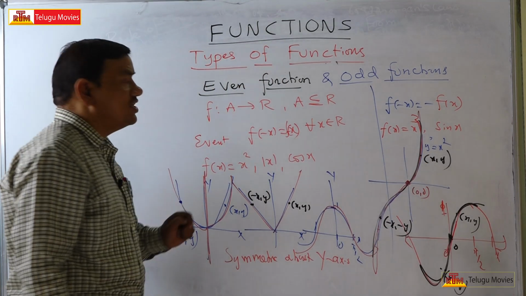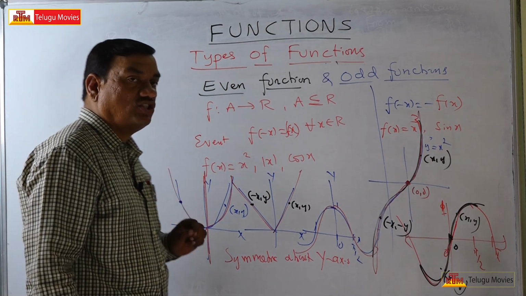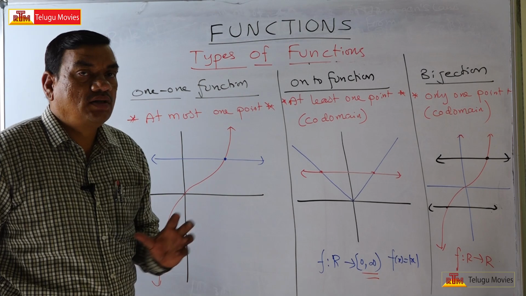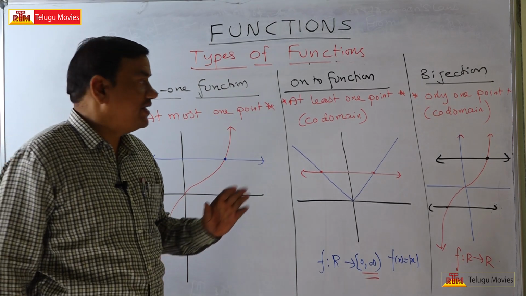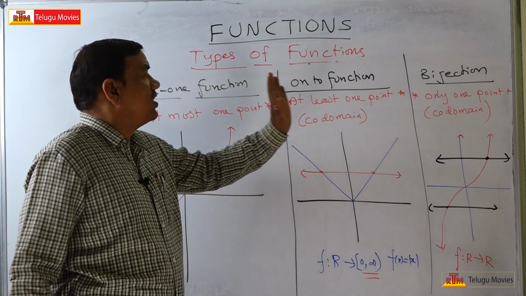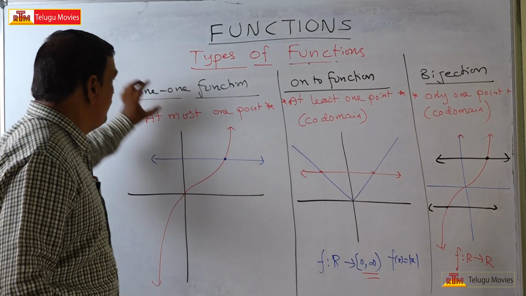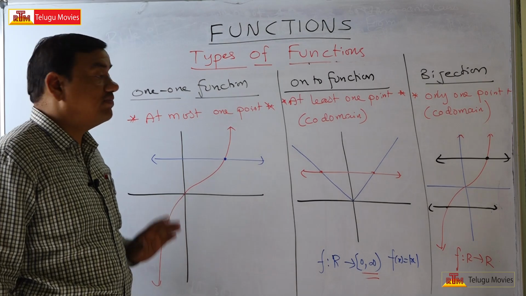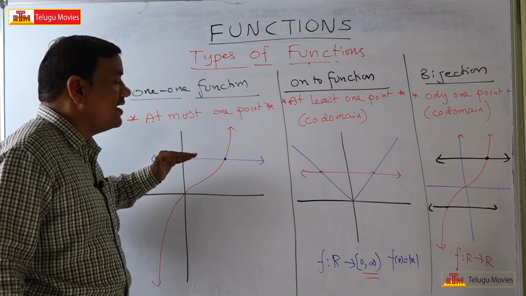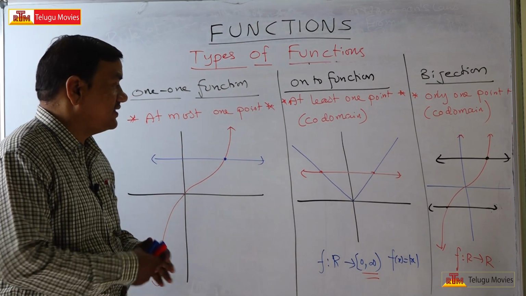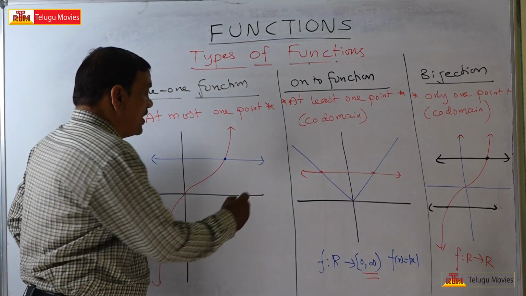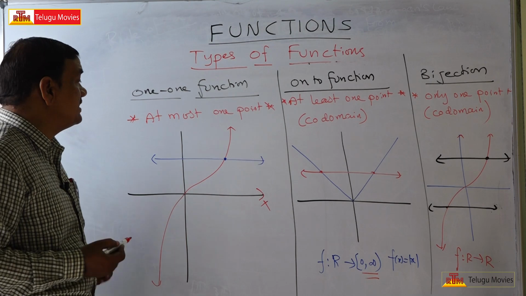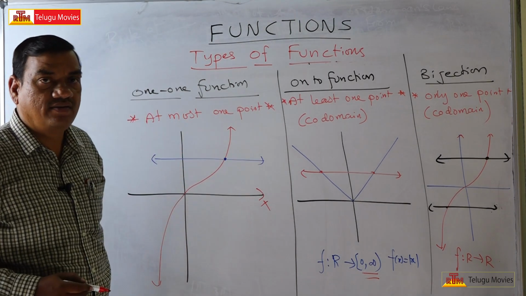So dear students, I hope that you understand this concept. Now dear students, let me conclude this session with the one-one function, onto function and bijection. So one-one function is at most one point. What is the meaning of that? It means if you draw a line parallel to x-axis, that line should intersect the curve at most one point.